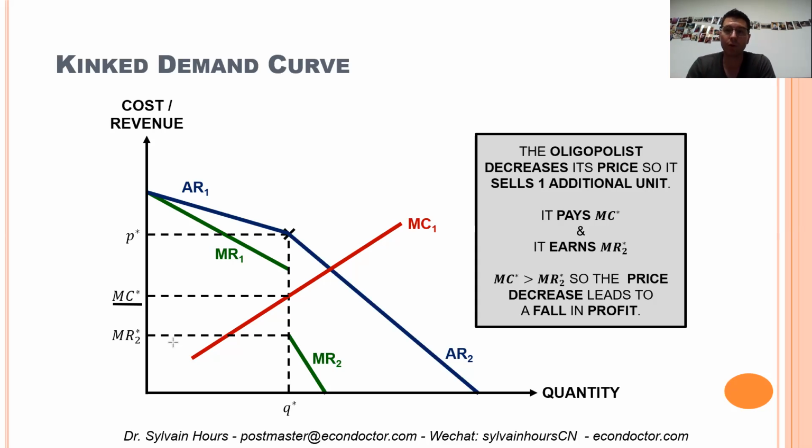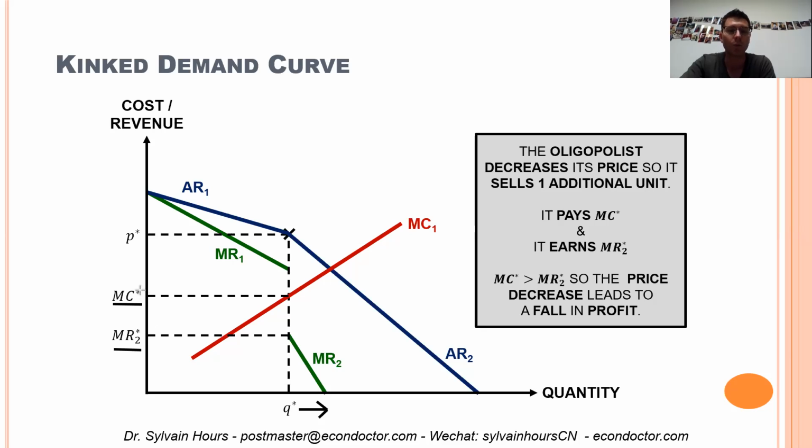My total revenue will increase by the marginal revenue. And because we cut the price to sell one more unit, we move to the right of Q star plus 1. This would be our new output. So the marginal revenue is there, MR2, on the lower section of the marginal revenue curve.